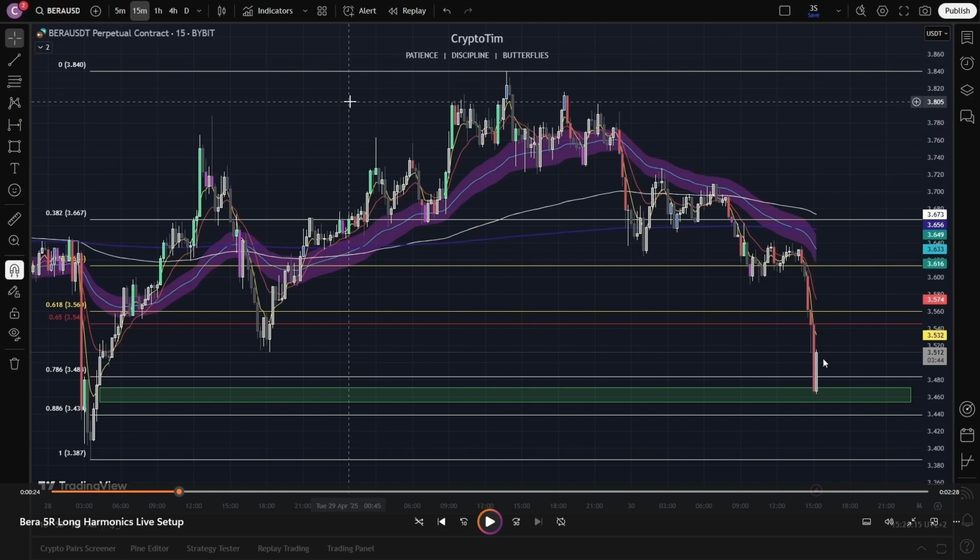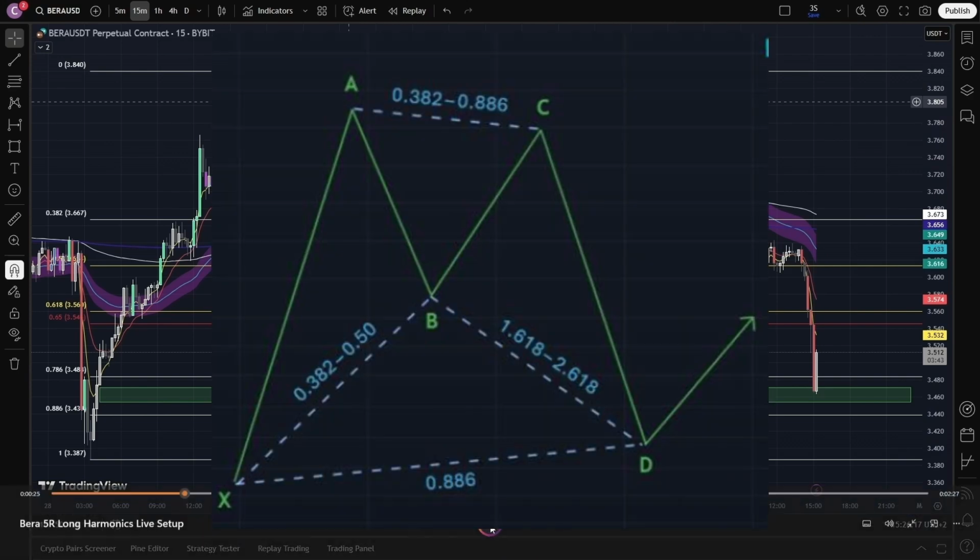And our new low here, which will be our T point, is in between the 786 and the 886 right here. So with some knowledge of the harmonics, we can consider drawing a bed pattern here, which I will be doing right here on the charts.